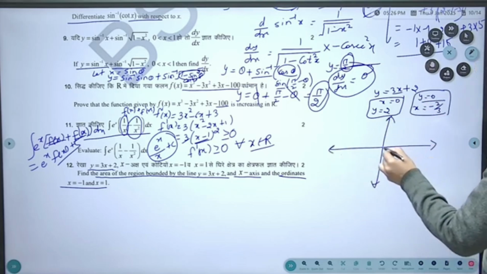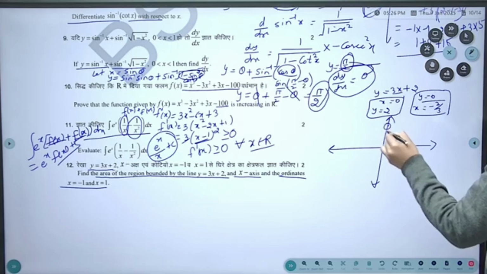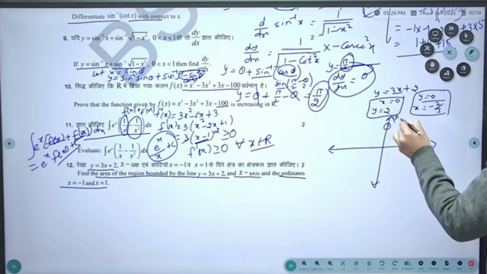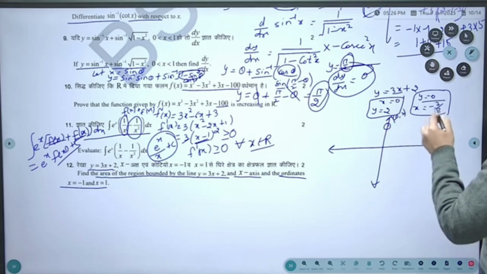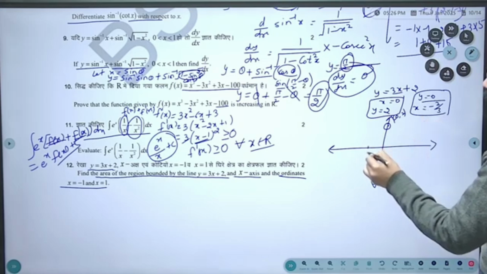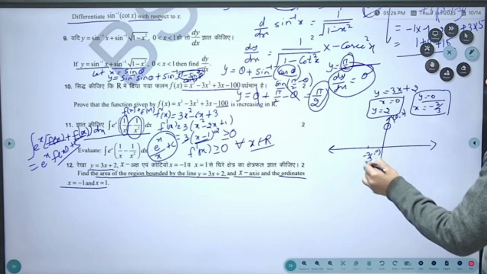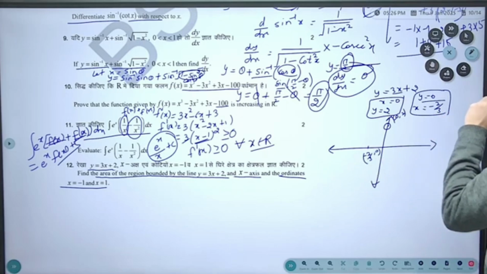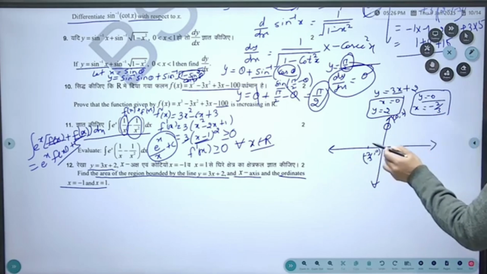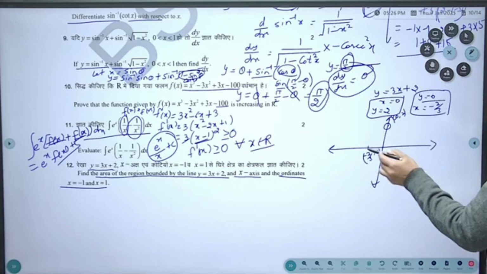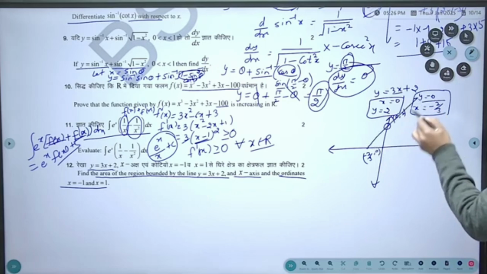X 0 and y 2, so 0, 2. And x -2 by 3, y 0, so -2 by 3, and 0. This is the second point. So the equation of the line will be like this.